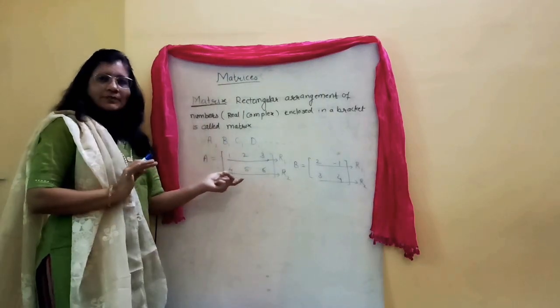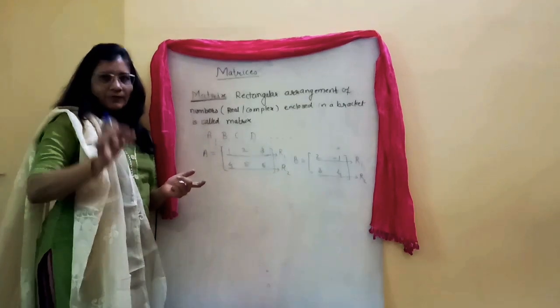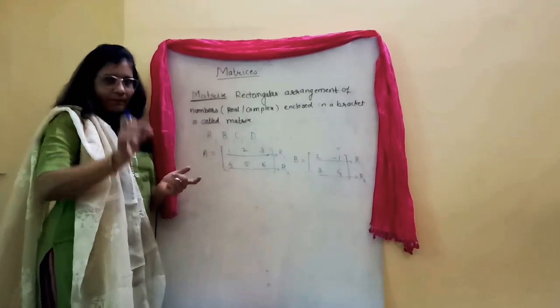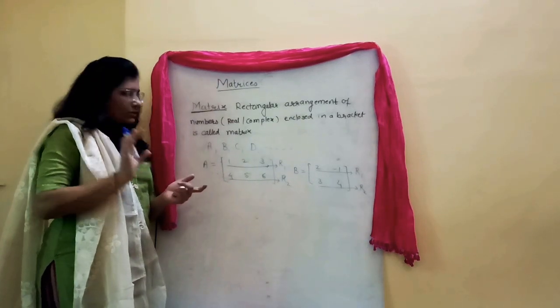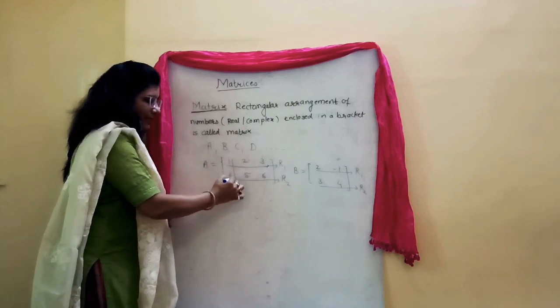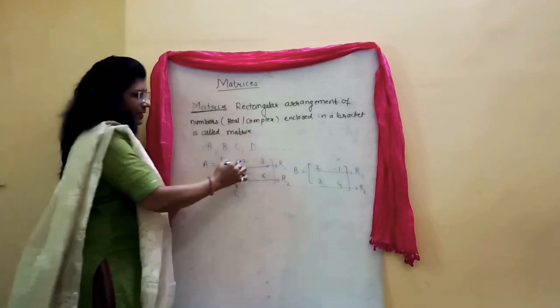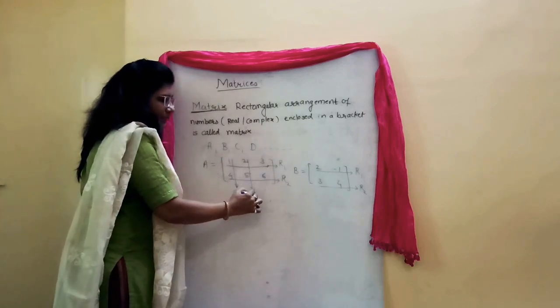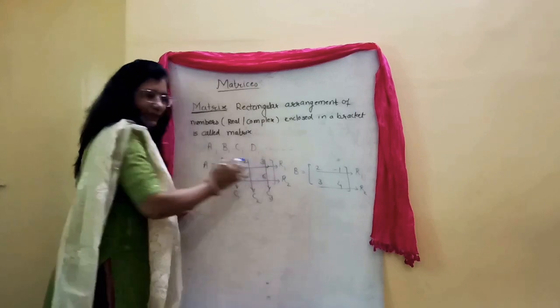Now, how many columns are there? Columns means the numbers arranged in a vertical manner. Column, pillar. You can compare a column with a pillar. So, how many pillars, meaning how many columns, are there? This is column 1, denoted by C1. This is column 2, C2, and this is column 3, C3.